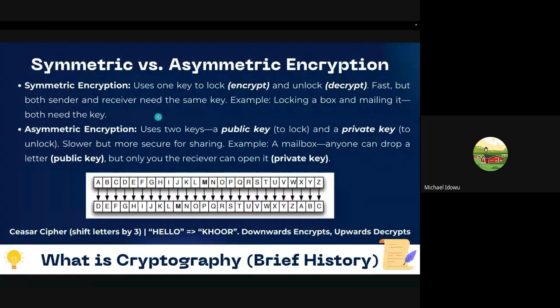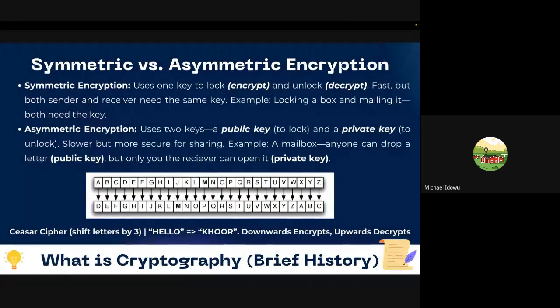Let me try, sir. For the symmetric encryption, anybody that has the knowledge of Caesar cipher can easily decrypt it if he knows the shift concept that is attached to that key.